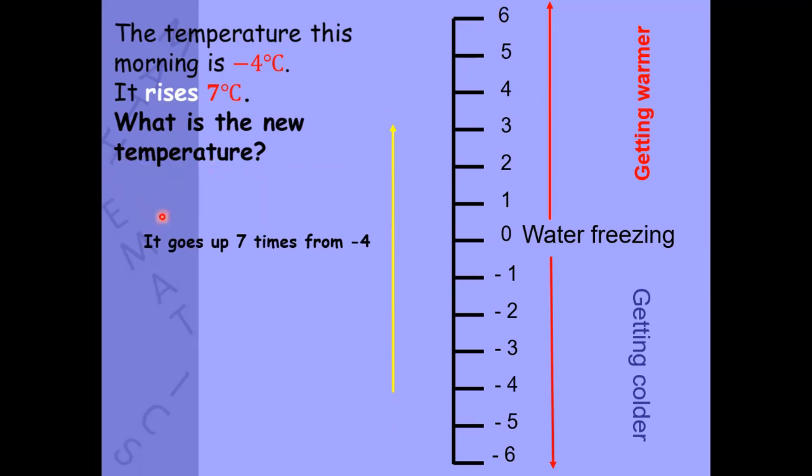It goes up 7 times from -4. Let's check. 1, 2, 3, 4, 5, 6, 7. So you stop. What will be our new temperature now? Our new temperature is 3.